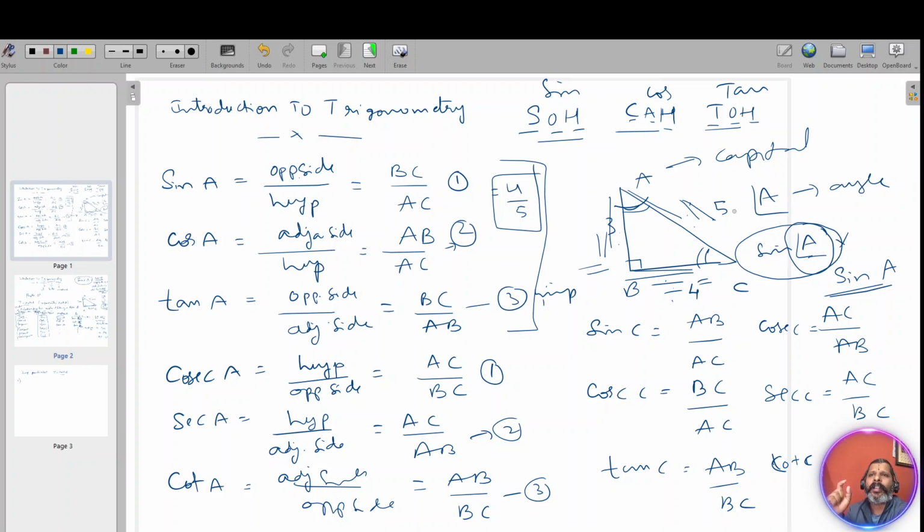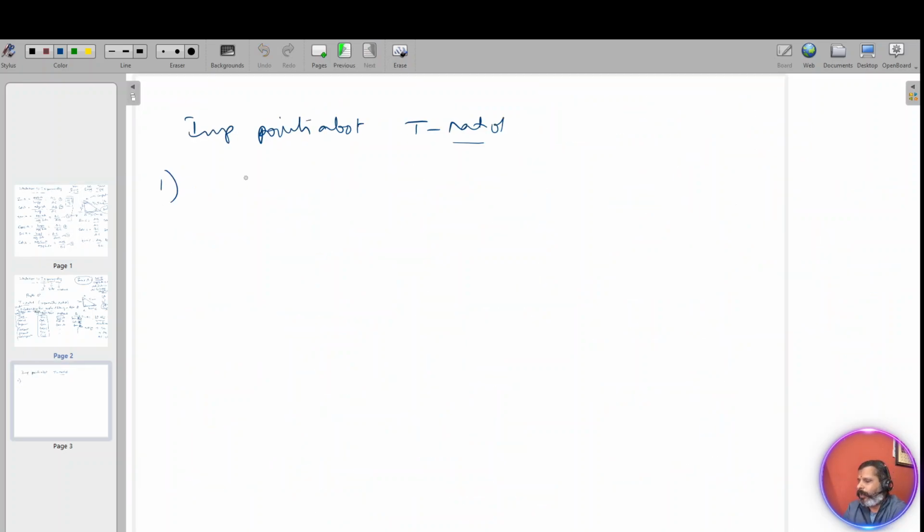Also, if the sides are in units like centimeters, the ratio will not have units, because the ratio always compares the same kind of quantities. These are all basics. Each ratio is a real number and has no unit.